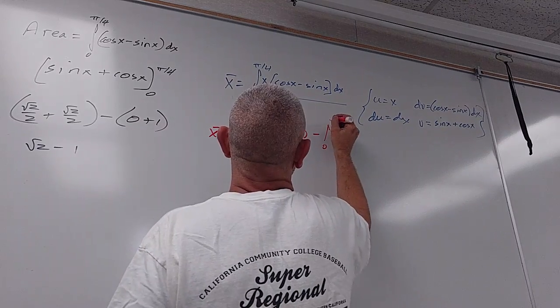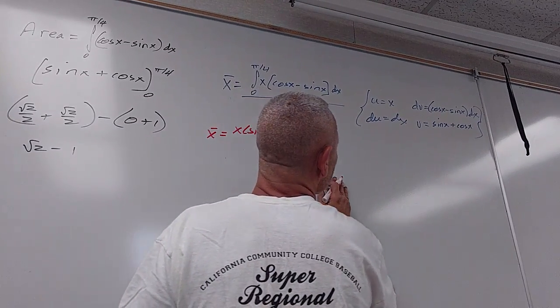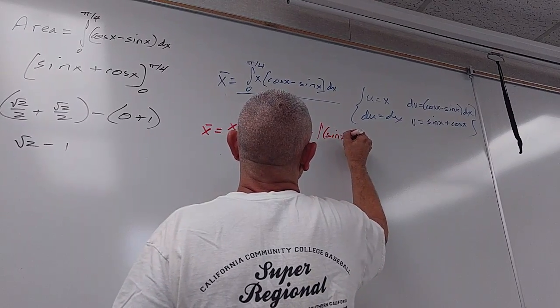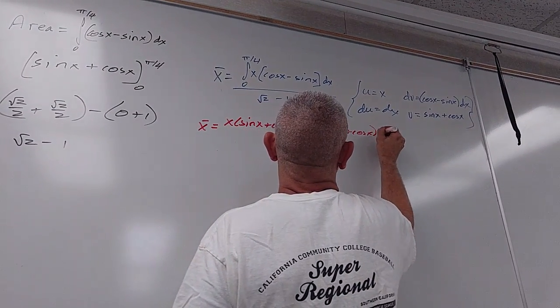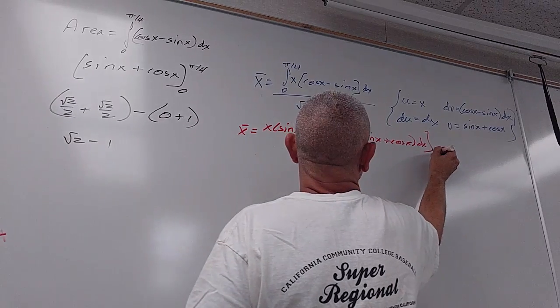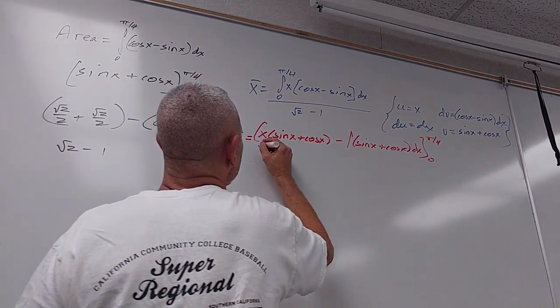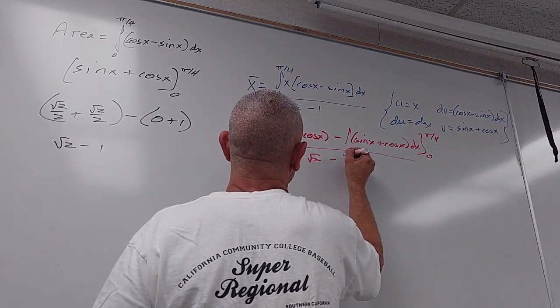We're going to evaluate all this from 0 to pi over 4. v du is sine x plus cosine x dx. This is all from 0 to pi over 4. And the denominator is rad 2 minus 1.